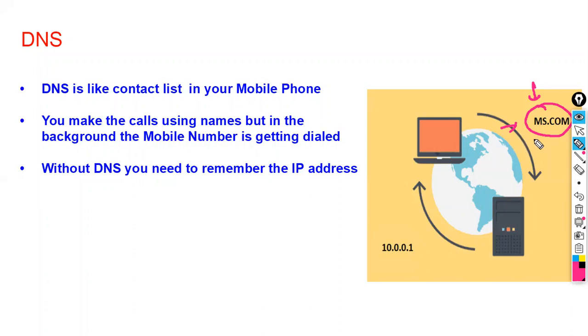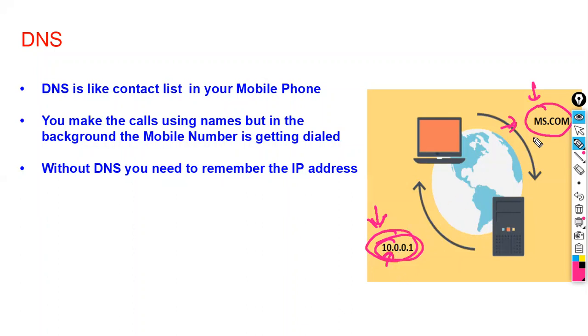If the names are not there, you need to remember the IP addresses of all these websites and access them using the IP addresses. If you have one or two websites, you can remember the numbers. But we have millions of websites and it will be very tough for a human being to remember the numbers.